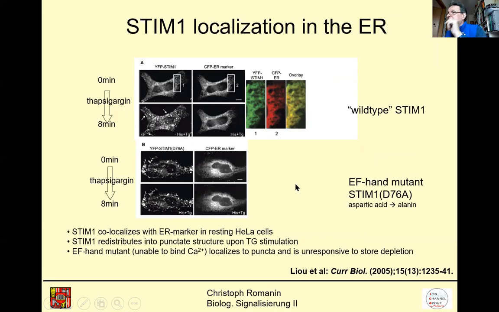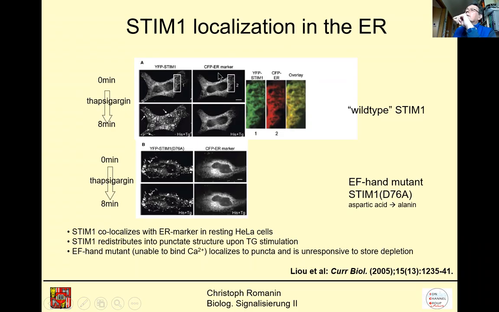So let me just give you a further clue on how fluorescence microscopy can be used here in terms of labeling of STIM. You can see here, this is 0 minutes, a cell where STIM is expressed, labeled at the luminal site with a YFP. And here you see a CFP-ER marker.